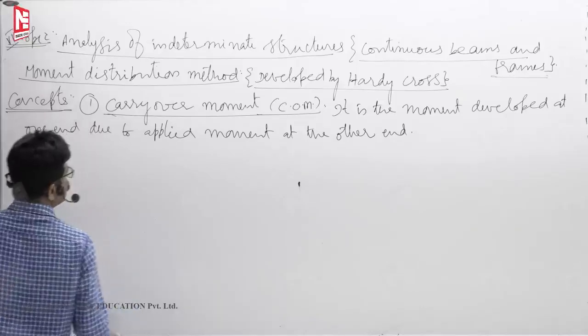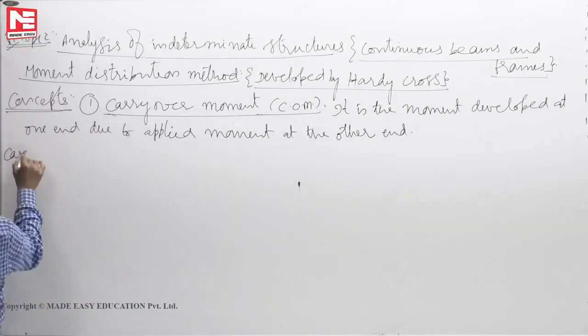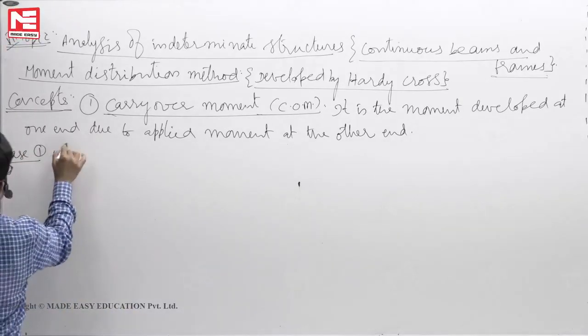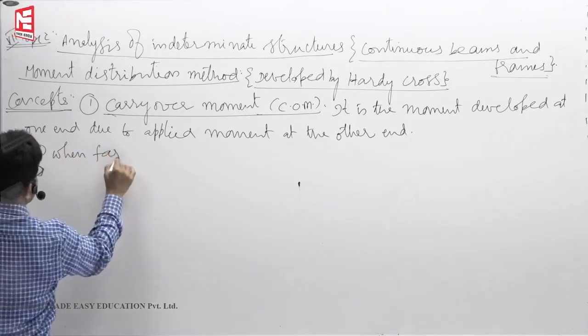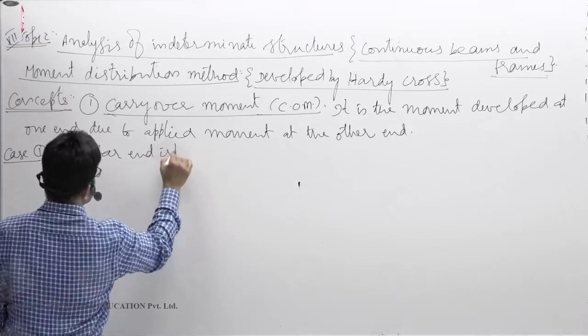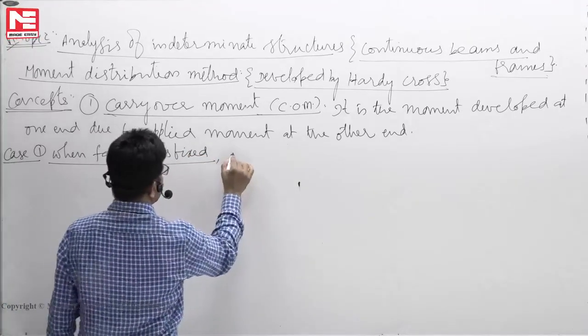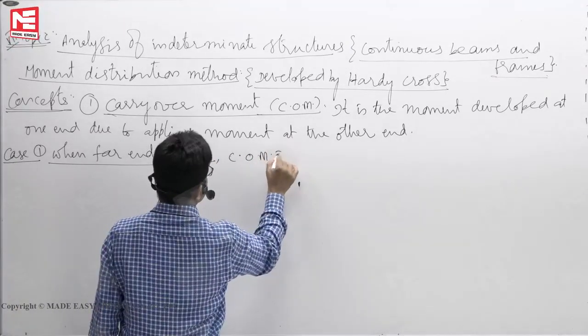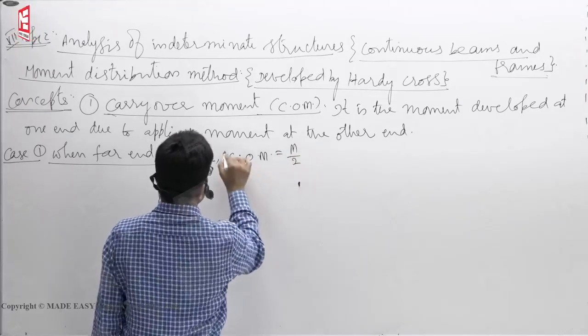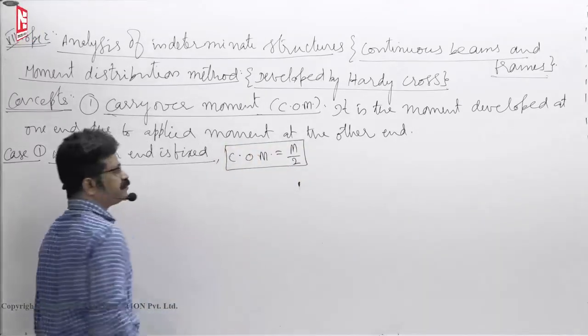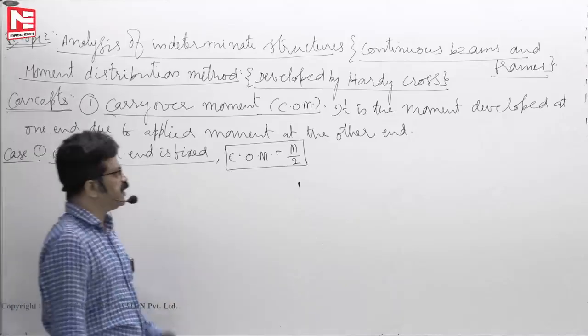Okay. Now let us see the case 1. When far end is fixed, carry over moment, COM, we have studied this as M by 2. Then how to get this M by 2?